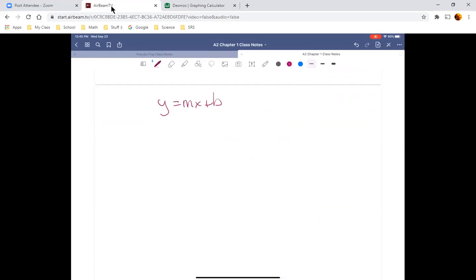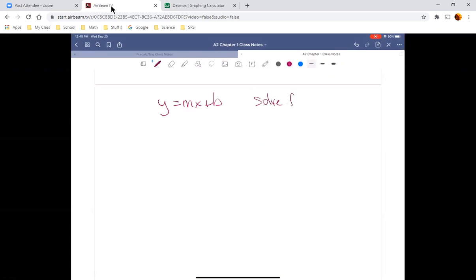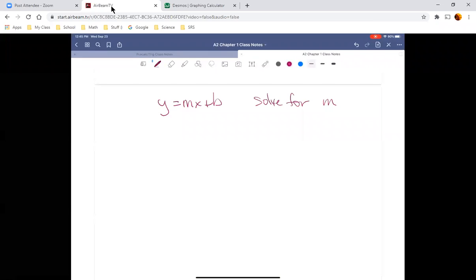So they might say solve for, let's say, m. When they tell you to solve for m, you're just rearranging everything until you get m by itself. So we want to get this guy all alone. What do you think we're going to get rid of first? The b. So what are we going to do? Subtract b from both sides.